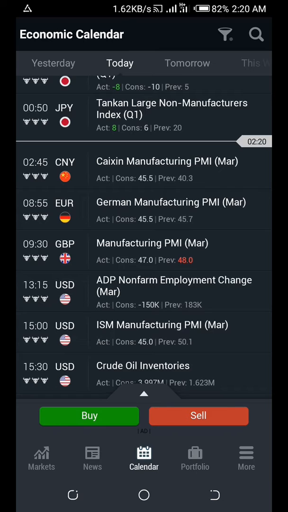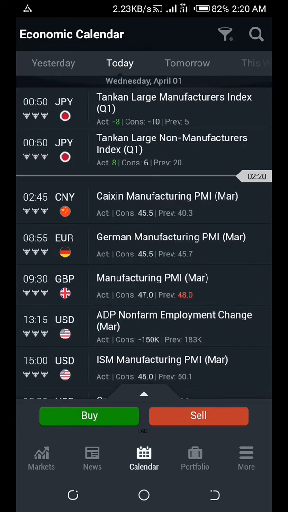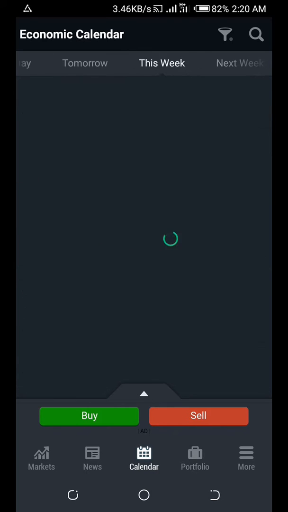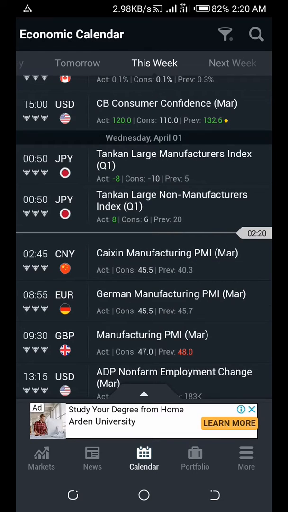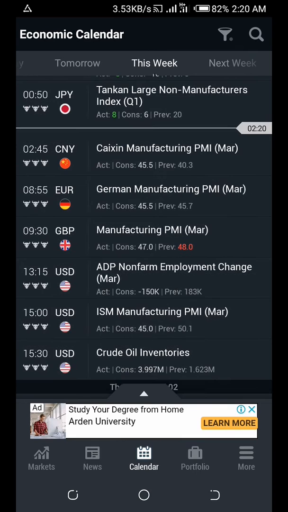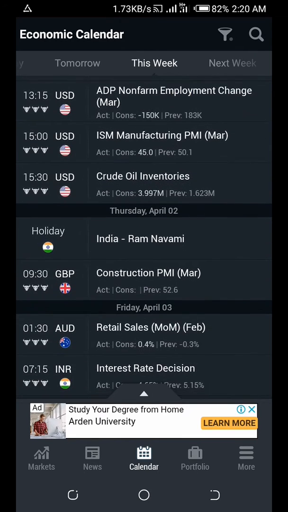So as I said earlier, at the end of every week you will go to your investing.com. Let me go for that of next week. For instance, this week on Saturday, Sunday, you will check and jot down the fundamental events that we are having.